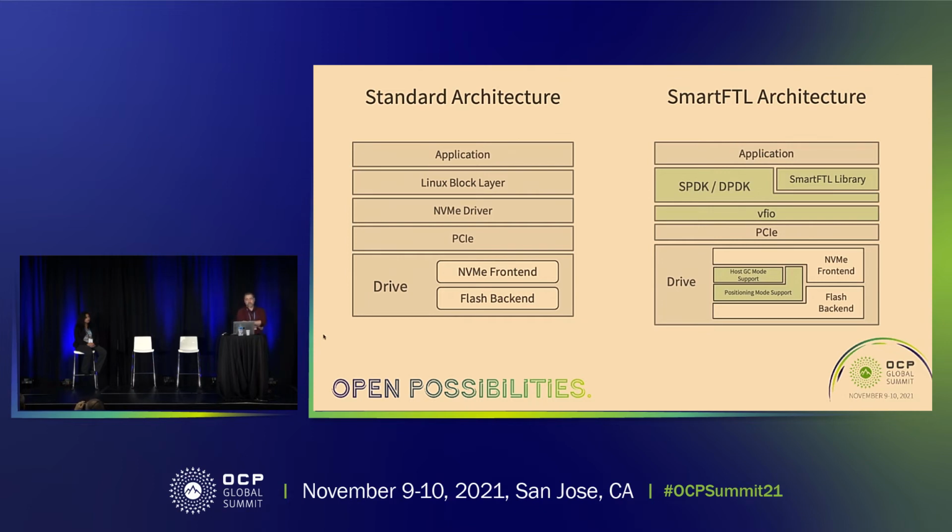We're not going through the NVMe kernel driver for our I/O path, and that lets us tightly integrate with the application. The SmartFTL library is a layer that we add on top of standard open source SPDK and DPDK software to encapsulate the SmartFTL functionality on the host side. And in addition, there's a set of extensions provided by the drive, which we'll get into in a second.